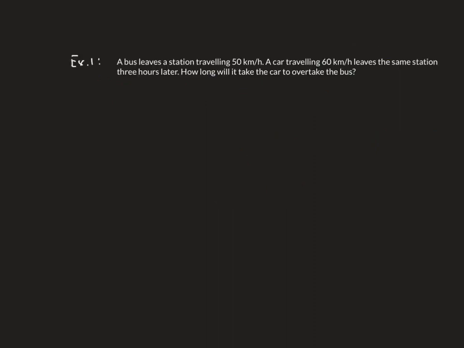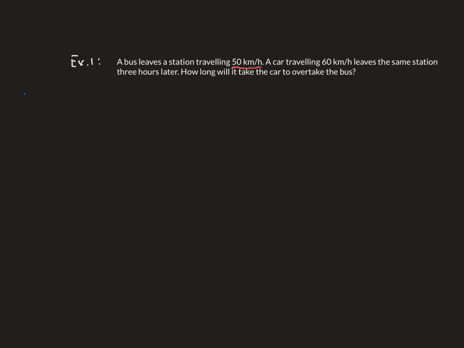So let's look at this example. We have here a bus leaves a station traveling, and remember, you always want to try to use your underlining method from before when you're looking at word problems. So a bus leaves a station traveling 50 kilometers per hour. I think this is very important.